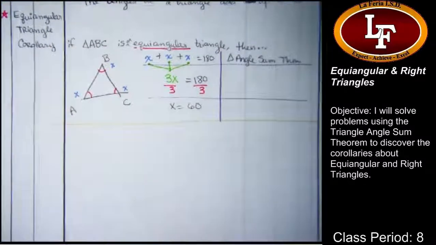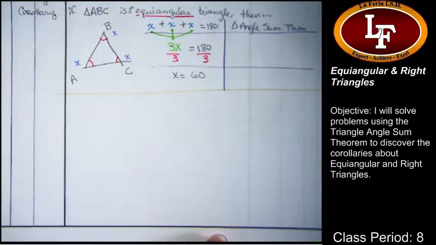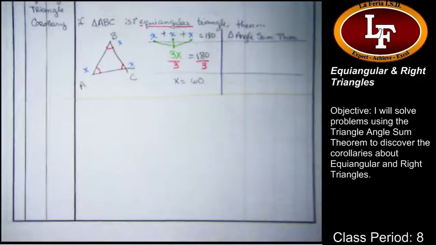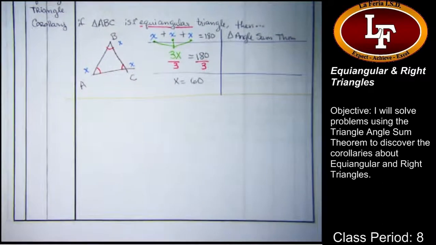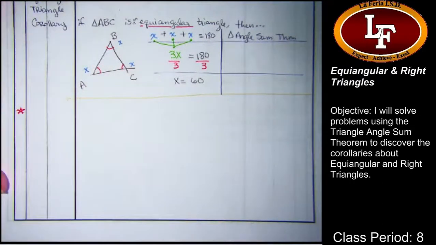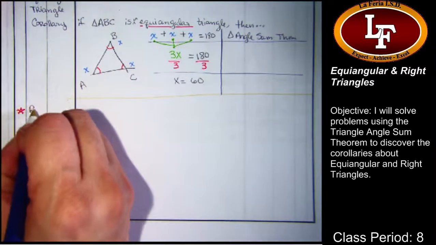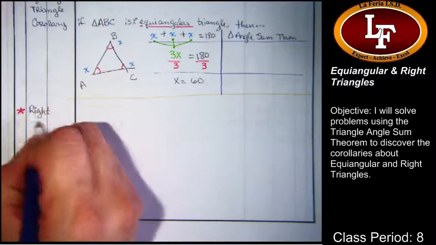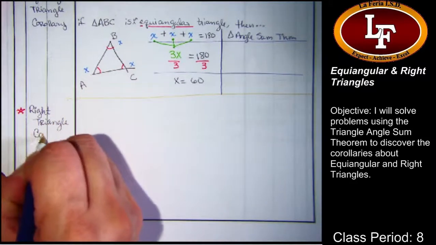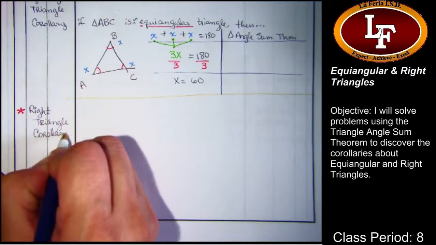So we want to make it a little different, but still show that it's part of the same thing. All right. This last big major idea is also important. And the name of this important thing is the right triangle corollary.